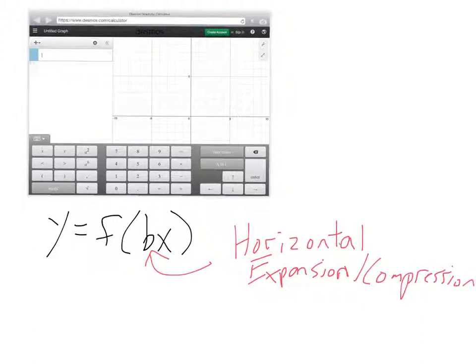Right, and once again, if b is greater than 1, then it is a compression.